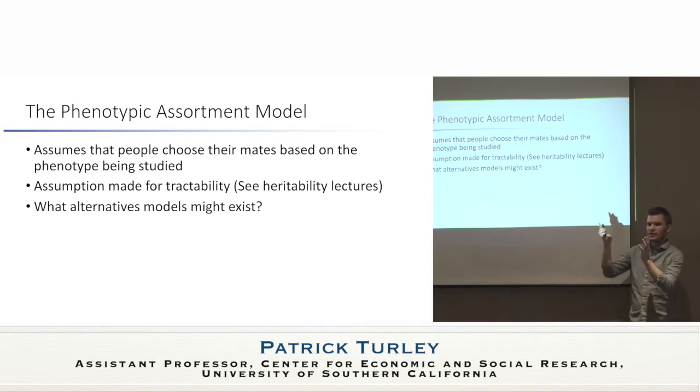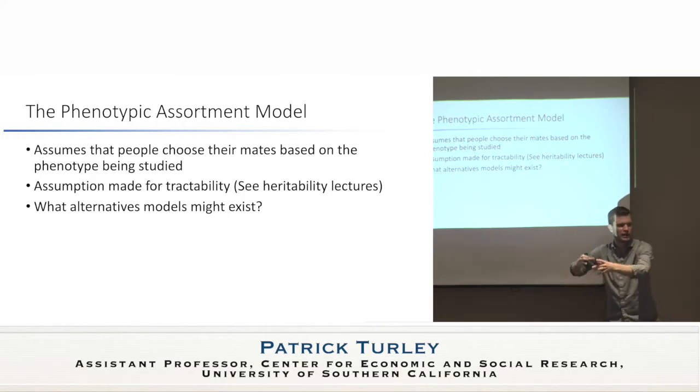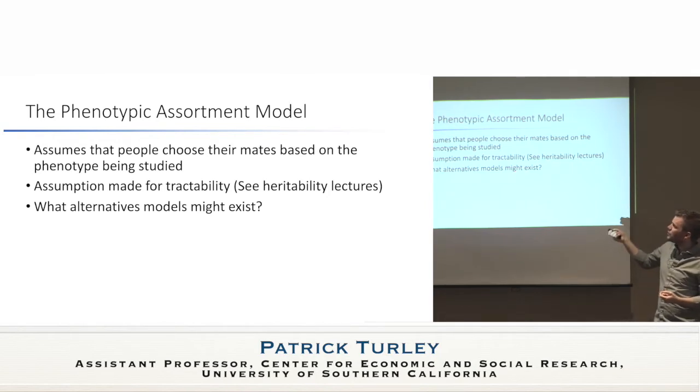This matters especially for genetic studies. We might see that spouses have correlated polygenic indexes for education, and under a phenotypic assorting model, we could say the thing that causes that is people explicitly sorting on education. The reason this is done is tractability.